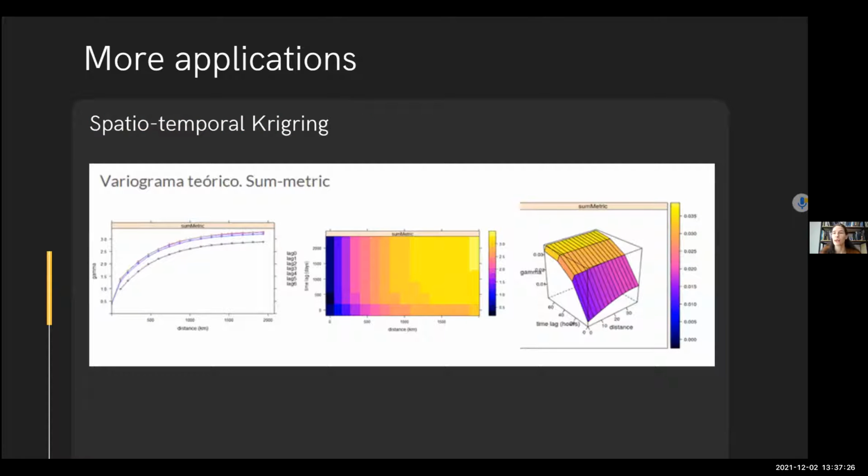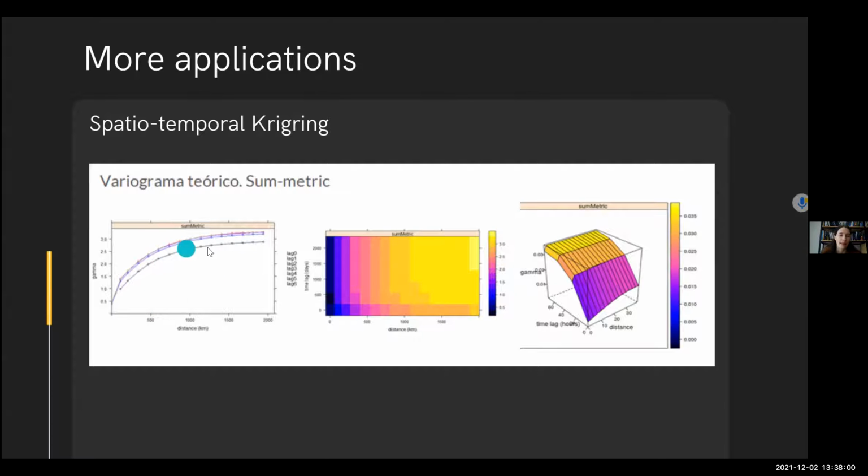And if you are familiar with Kriging interpolation, we also have a spatial temporal extension to this Kriging. When we perform Kriging interpolation, what we want to find is a semi-variogram that represents the range, the sill. I don't know if you remember this kind of topic, and then we use this variogram to perform the interpolation. But now this variogram will change over time.